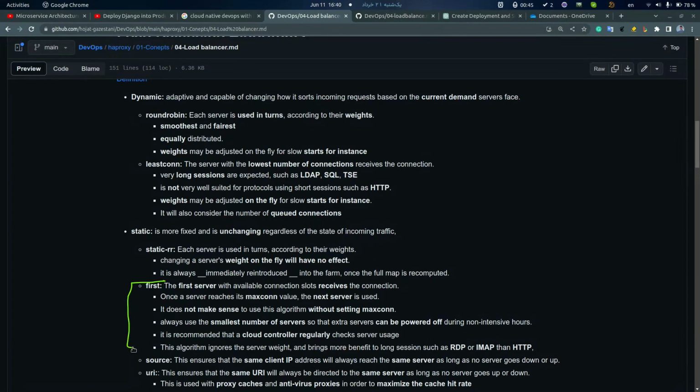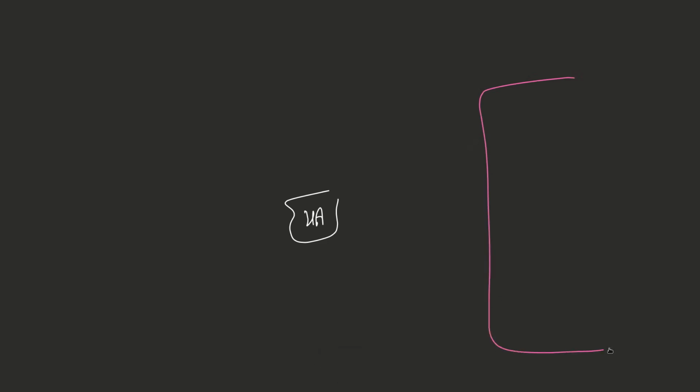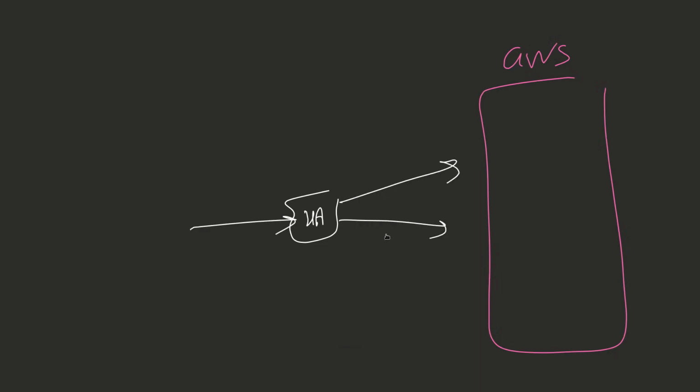Regarding the first load balancing algorithm, imagine we have an HAProxy and we are using AWS cloud as our infrastructure, and HAProxy is redirecting incoming traffic to the backend servers, and we have different backend servers.